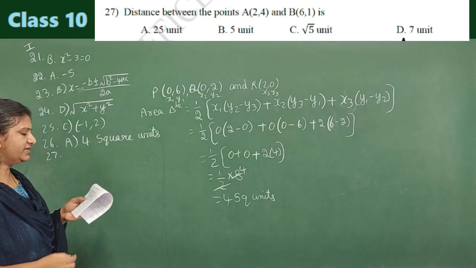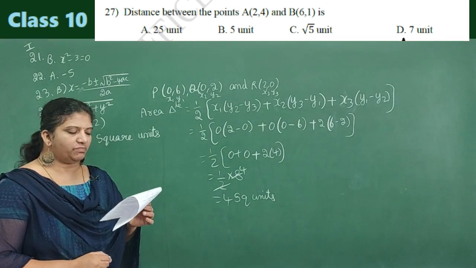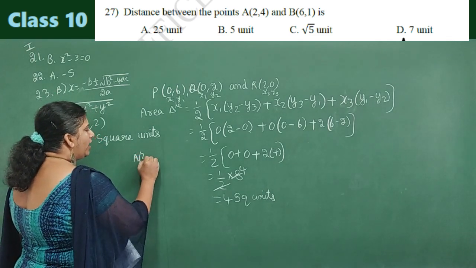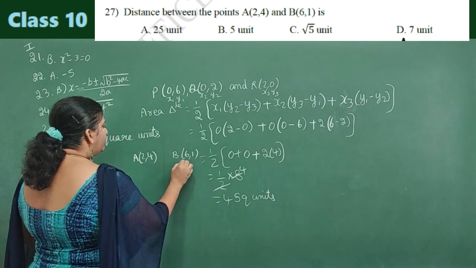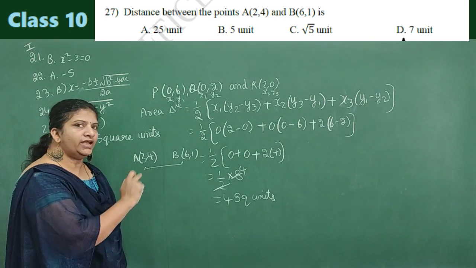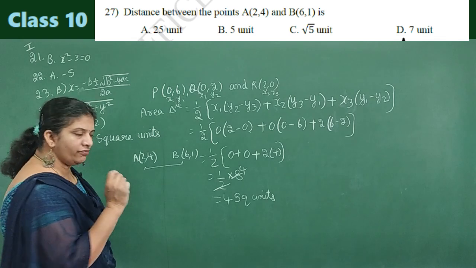27th one, distance between the points A(2, 4) and B(6, 1). We need to find the distance between these two points. If we need to find the distance between these two coordinates, we remember a formula.